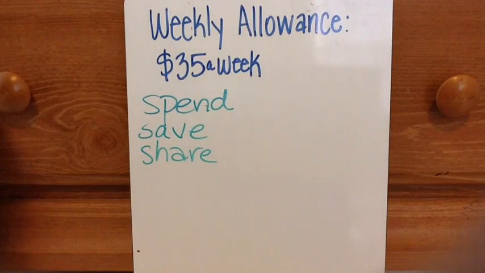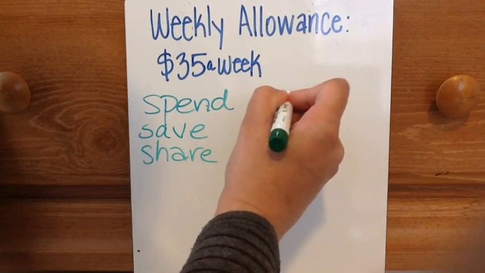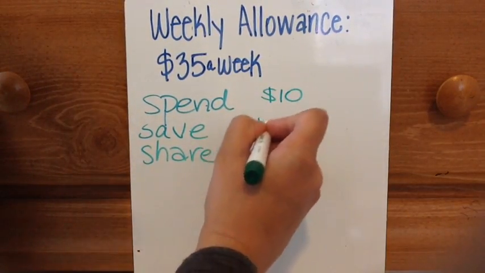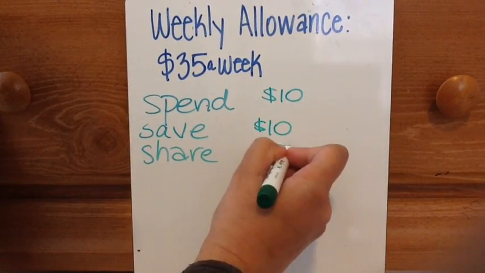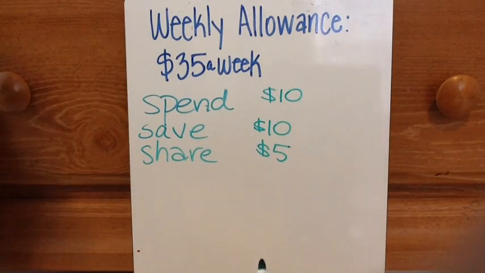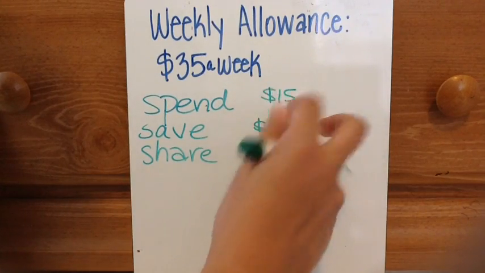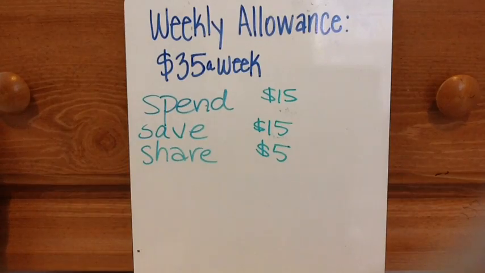So what's a really wise decision with your money is to put away some money for spending. Let's just say $10. Put away some money for saving, and then some money for sharing. And then that puts you at $25. So let's say maybe $15 for spending, and then $15 for saving.